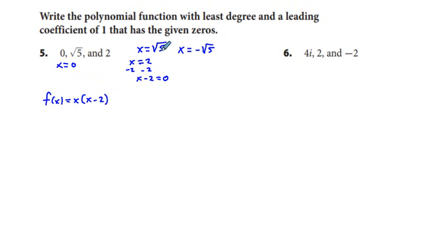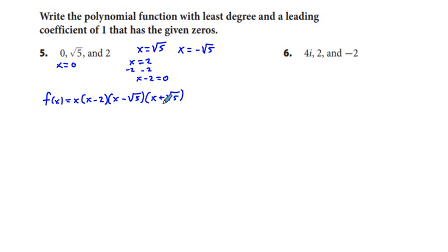And then our other zeros are x equals square root of 5 and x equals negative square root of 5, so we have x minus square root of 5 times the quantity x plus square root of 5.